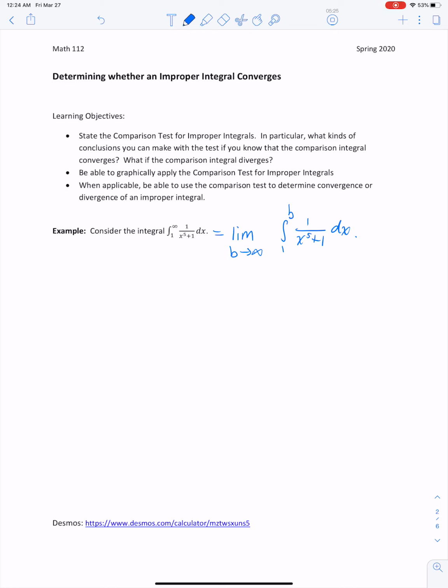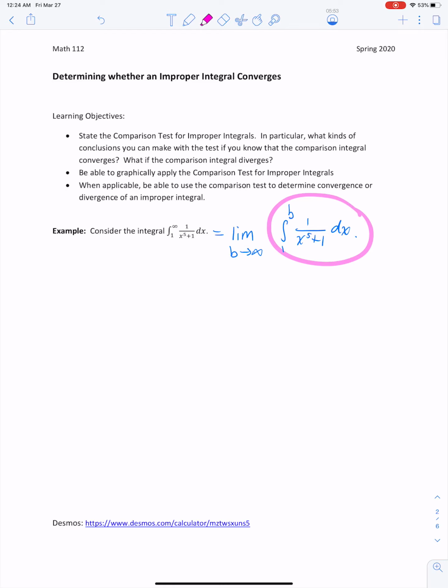So the problem here is that last time we were able to actually compute this definite integral from 1 to b exactly, and then we were able to take the limit as b goes to infinity. And in this particular case, we don't have a good way of anti-differentiating 1 over x to the fifth plus 1. So that's where comparison comes into play.